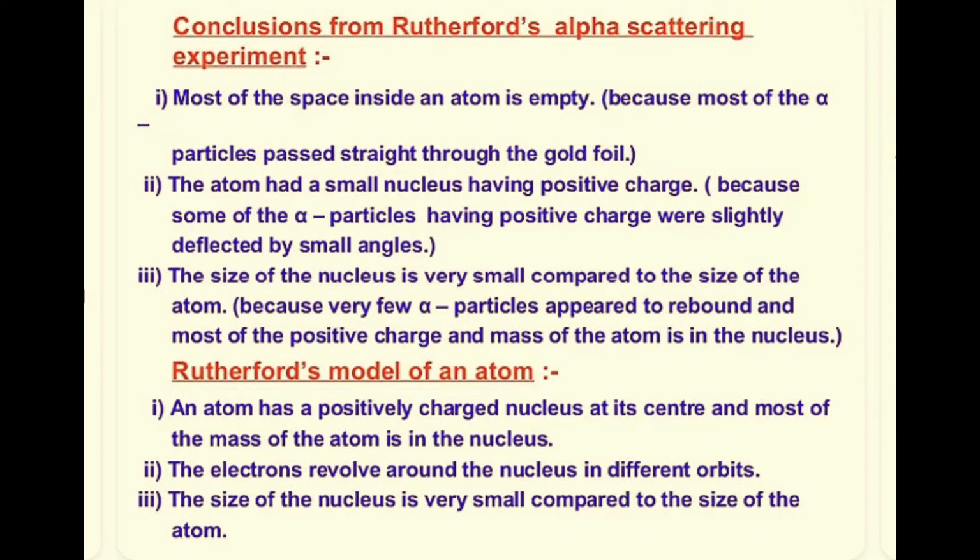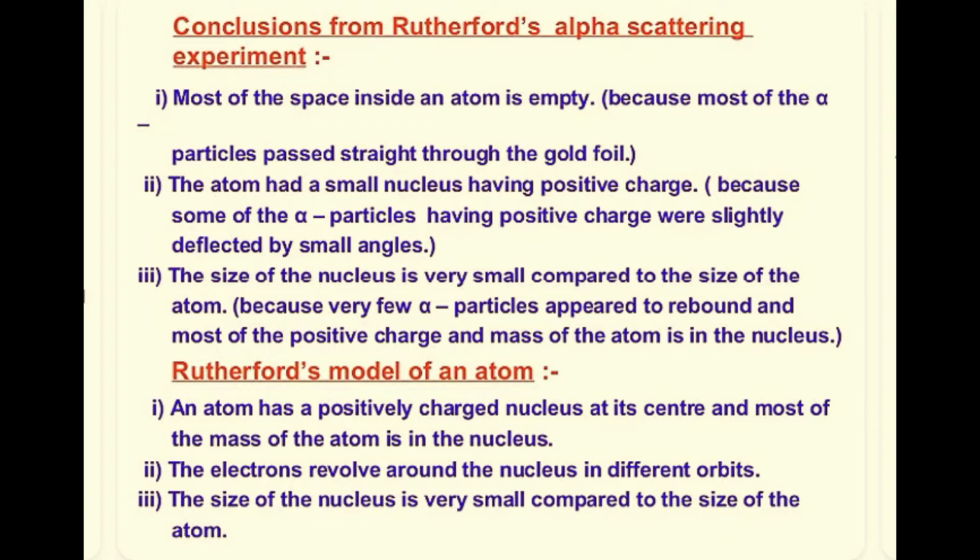The size of the nucleus is small compared to the size of the atom, because very few alpha particles rebounded, and most of the positive charge and mass of the atom is in the nucleus.